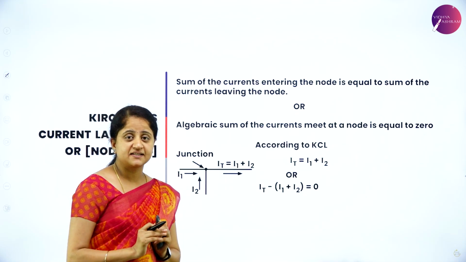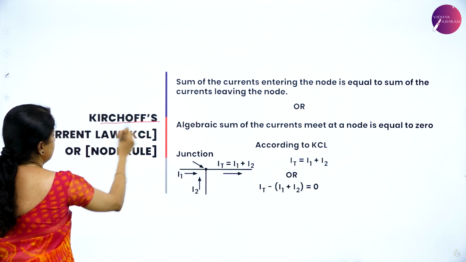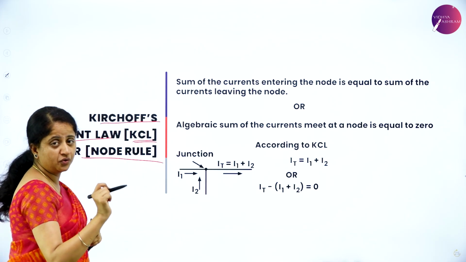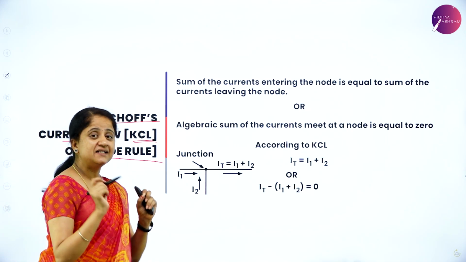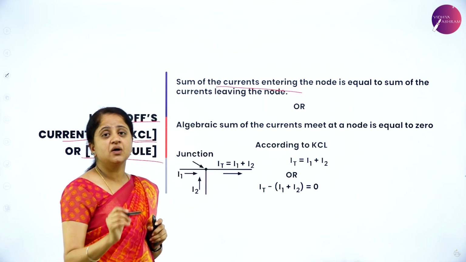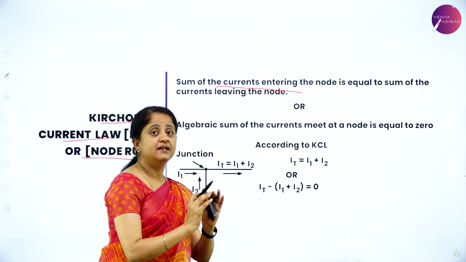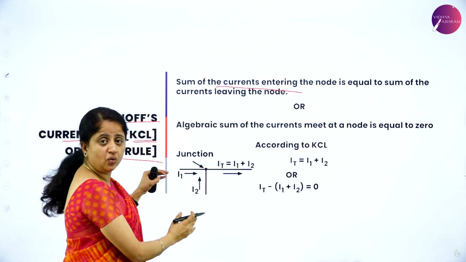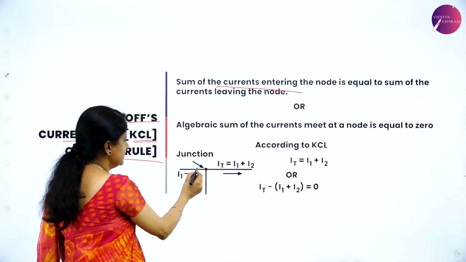Now let us understand Kirchhoff's current law. Generally it is called KCL. It is also called the node rule or the junction rule. It states that the sum of currents entering the node is equal to the sum of currents leaving the node. We know a node or a junction is where two or more elements meet. So this is a node.